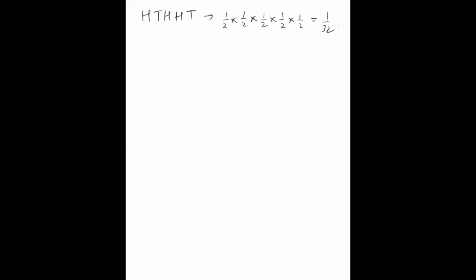Or if you're doing it the second way, as we did before, you have 5 spots and 2 choices for each. Multiplying 2 five times gives you 32. So the probability of this is again 1 upon 32, because there is exactly one outcome that we are interested in, and there are 32 possible outcomes. So this was just a gentle exposure to what happens in this random walk thing.